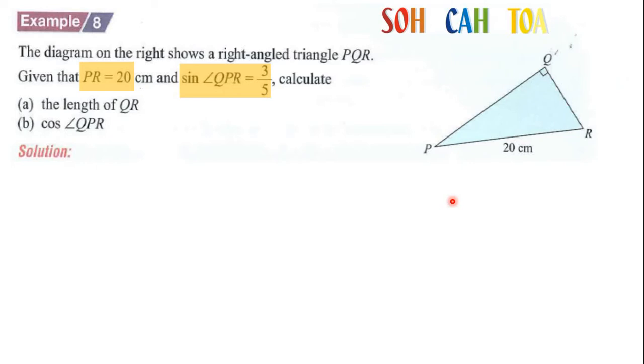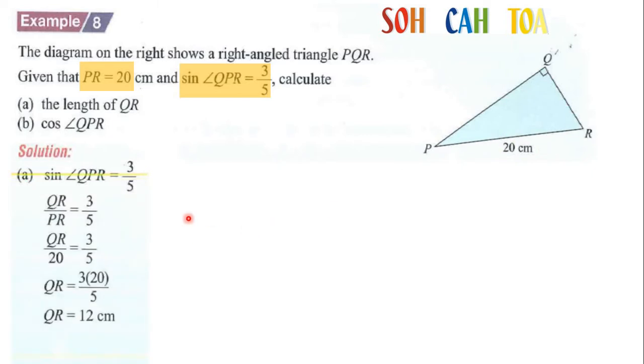So how do you know that sine is opposite over hypotenuse? For the angle at P, the opposite is QR. So you can find this one, because sine is opposite over hypotenuse and you know the length of the hypotenuse.